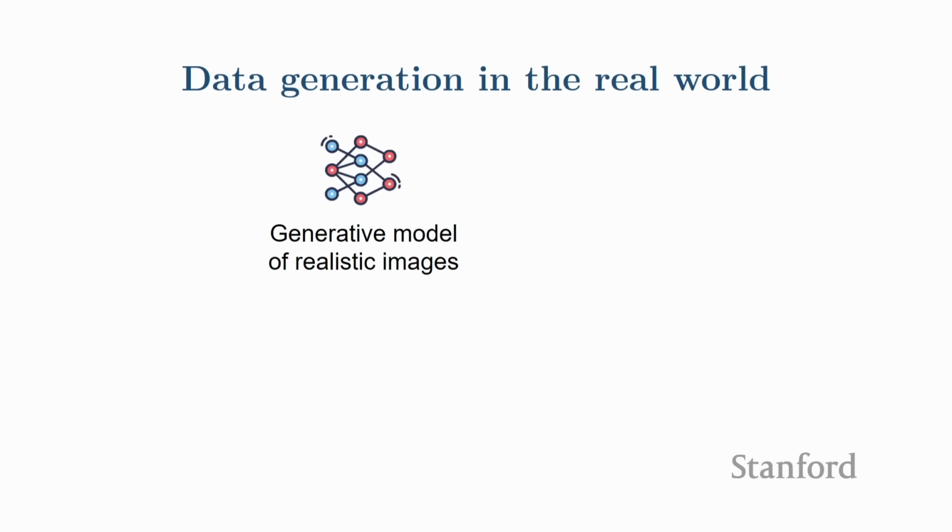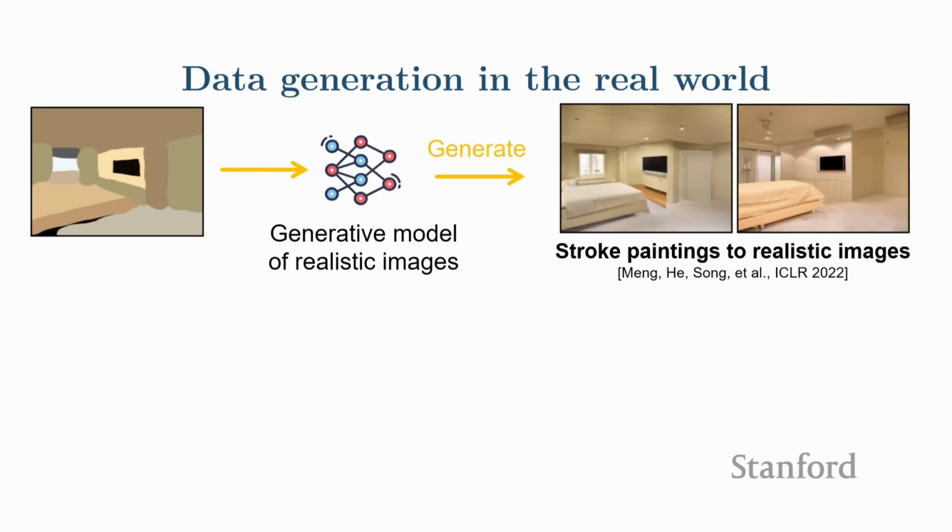To give you a few examples, if you have a generative model of images, you might be able to control it, let's say, using sketches. Maybe you're not good at painting, and you can only produce a rough sketch of a bedroom. Then you feed it as a control signal into your generative model, and you can use it to produce realistic images that have the structure of the stroke painting that you provide, but they look much better.